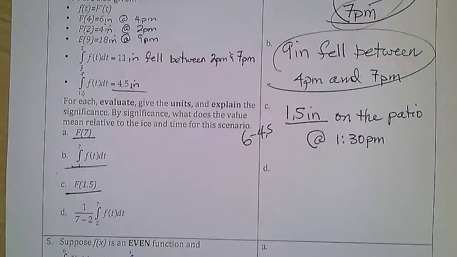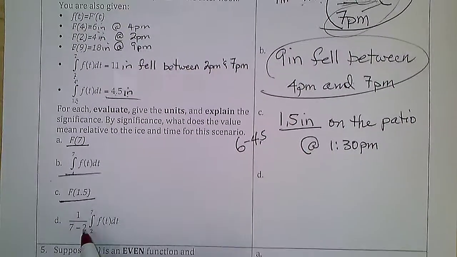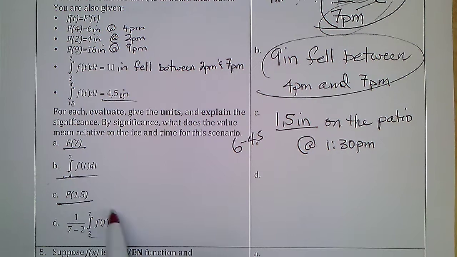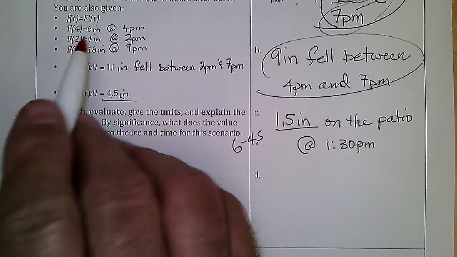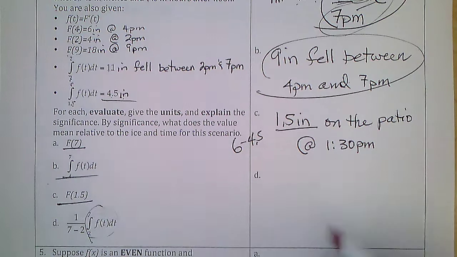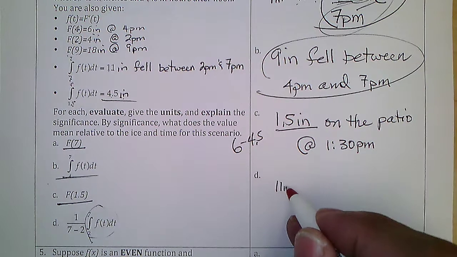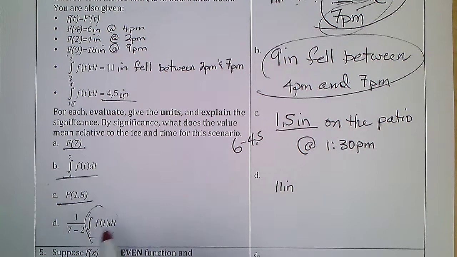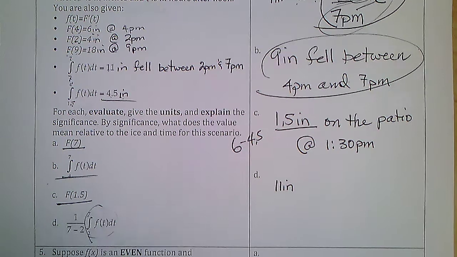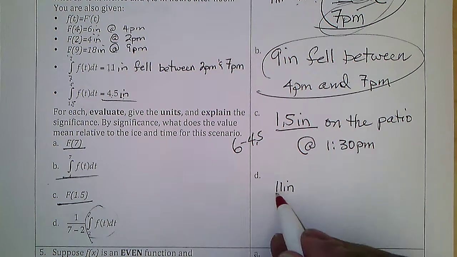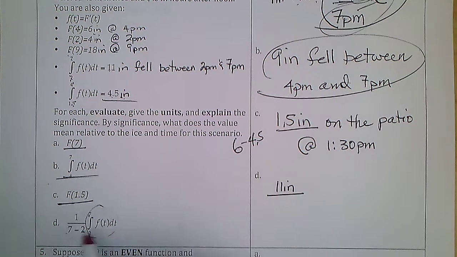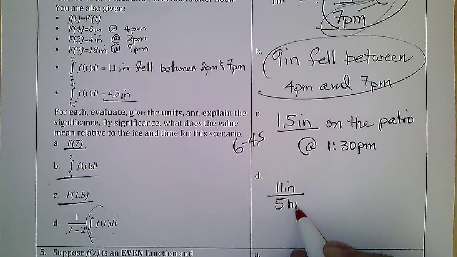Now this last one. It says this is a change, and from 2 to 7 the change was 11 inches. 11 inches fell from 2 to 7, and 7 minus 2 is the hours. So 7 minus 2 is 5 hours.